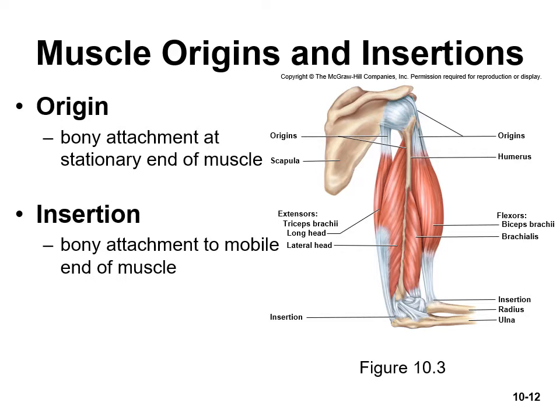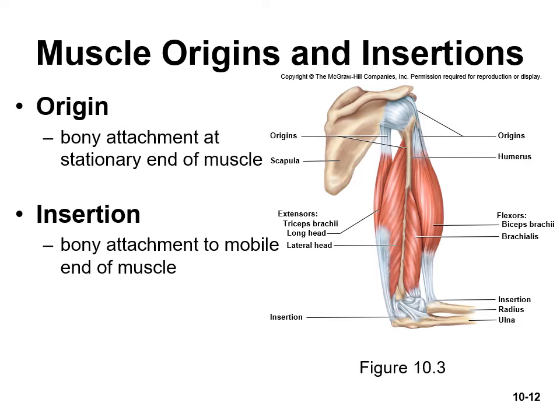So in the case of, we'll say the tricep muscle here, when you use your tricep muscle, you are extending your elbow. So the tricep muscle's origin is up on the scapula and its insertion is down on the ulna.